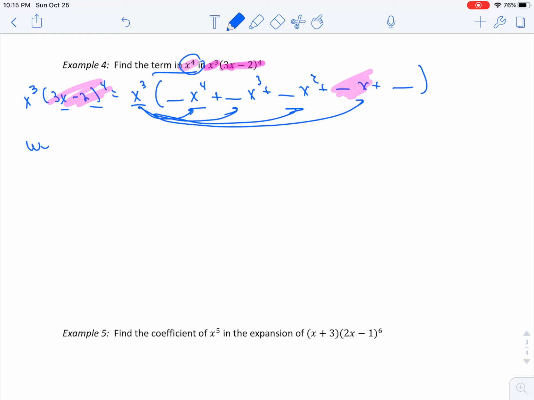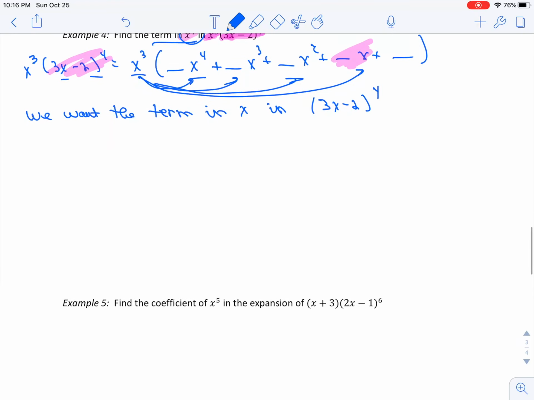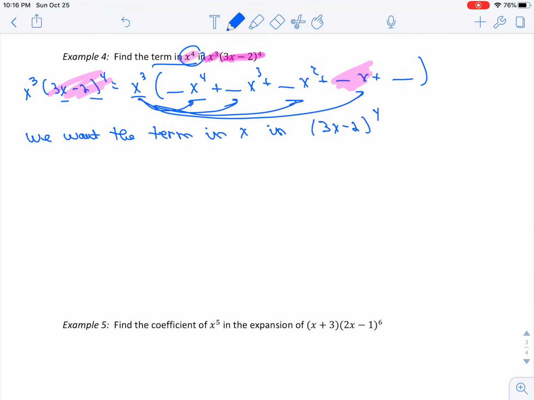So I'm just going to make note of that. We want the term in x, or in other words, the term that has an x in it, in the expansion of 3x minus 2 to the fourth. What we'll do is very similar to what we did in the last problem: we will write the general term.